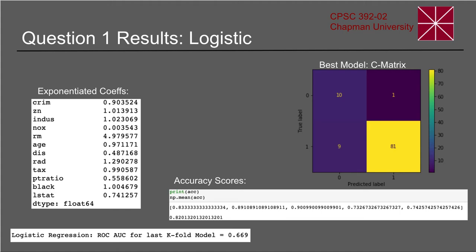So as for the logistic regression results, after running the model with k equals 5 folds, the results were pretty promising. The average accuracy score across all 5 K-fold models was 82%, the best being 90%, and the worst being 73%.